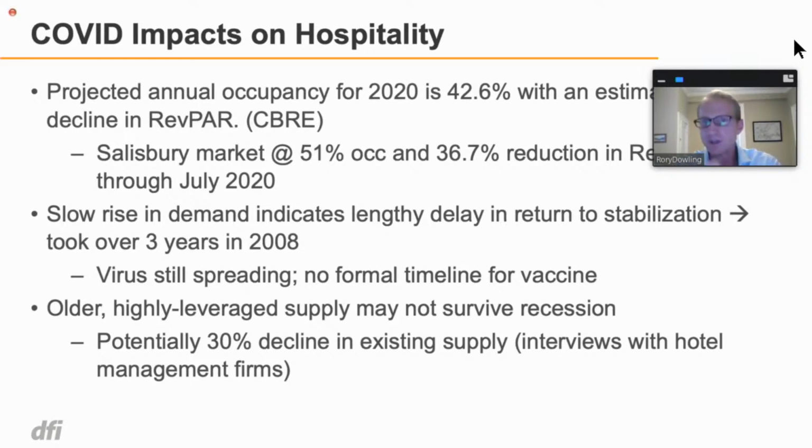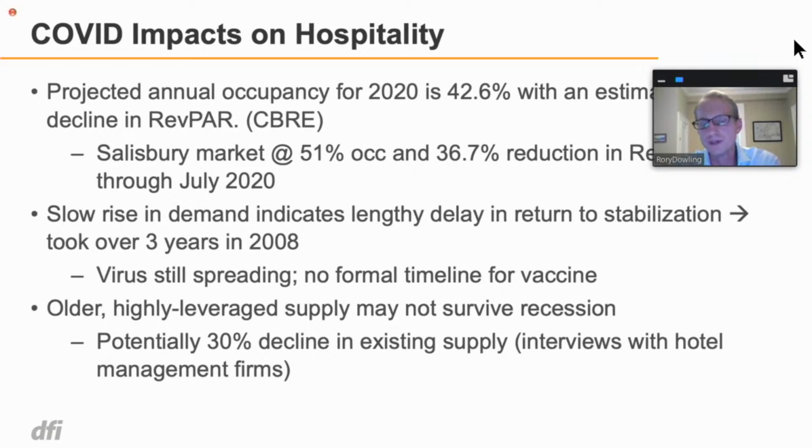But you'll see that the current reduction in RevPAR is in line with what CBRE is projecting across the market. There is a pretty slow rise in demand, so that 51% occupancy has been hovering there for the last 2 to 3 months. It's not really seeing any additional upward momentum for the time being.